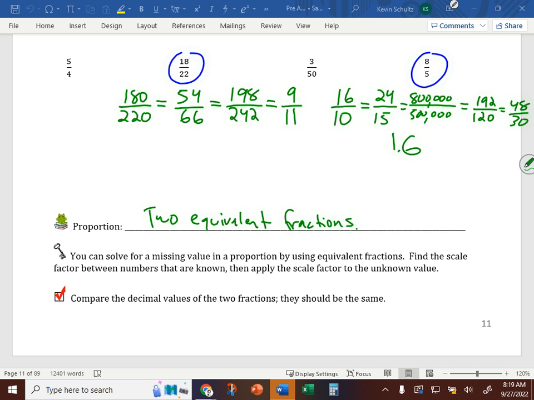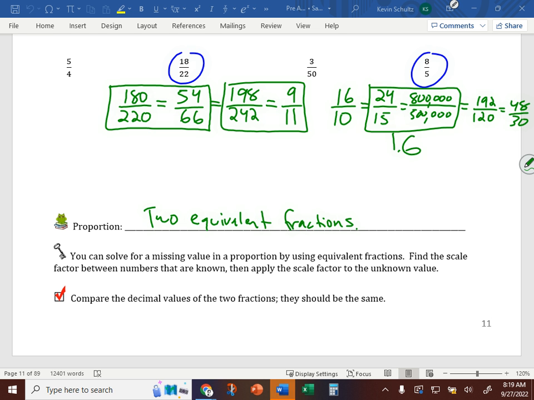So when we wrote 180/220 equals 54/66, that's a proportion. When we wrote 198/242 equals 9/11, that's a proportion. When we wrote 24/15 equals 800,000/500,000, that's a proportion. Any two equivalent fractions makes a proportion.